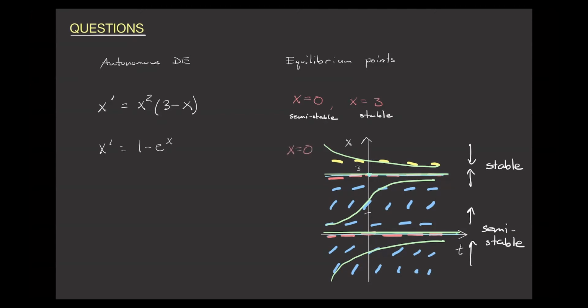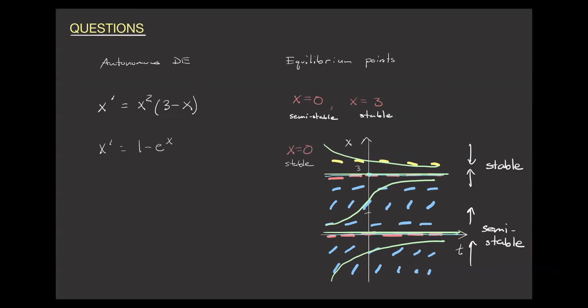And then if you substitute in, I think you're going to find, let's see, if you put negative, you'll have positive, and then, yeah, so that's going to be stable. And so on and so forth.